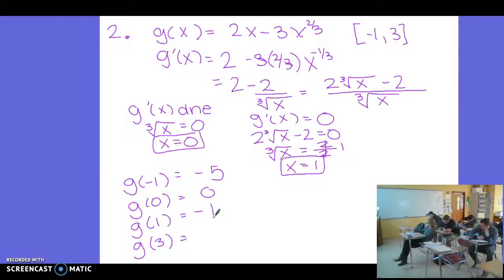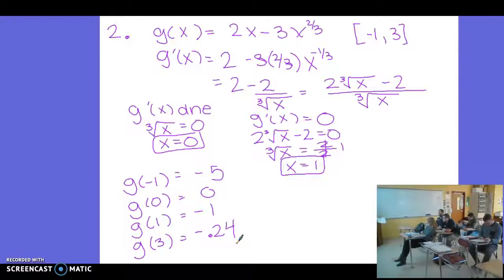And if you plug in 3, 3 squared is 9, the cube root of 9 is gross. 2 times 3 is 6, so 6 minus 3 cube roots of 9. It's going to be a tiny little decimal, somewhere close to a 4.